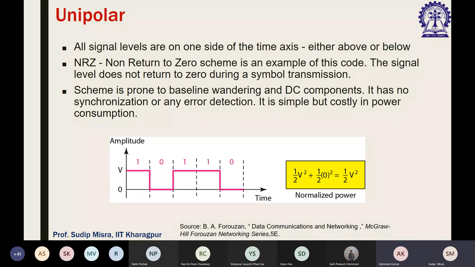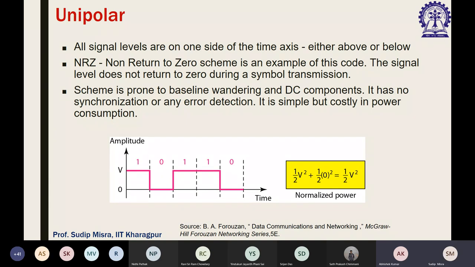So if a long string of zeros or ones is received at the receiver, there will obviously be a shift from the baseline, and that will make it difficult for the receiver to decode the bits correctly.